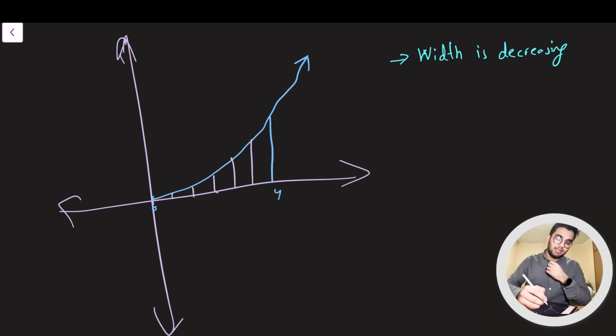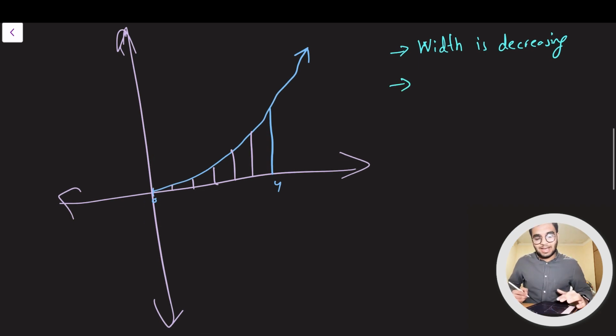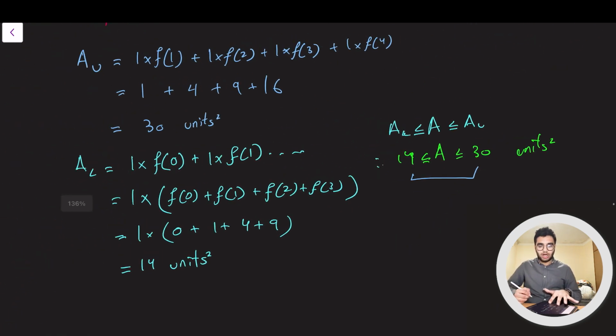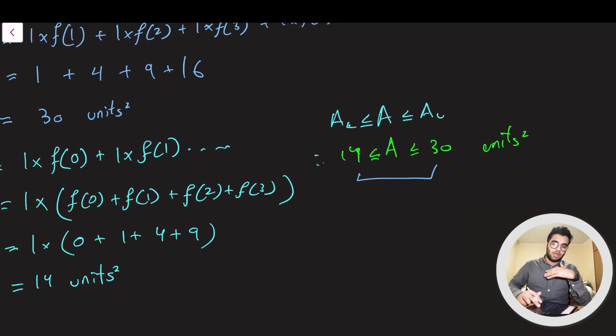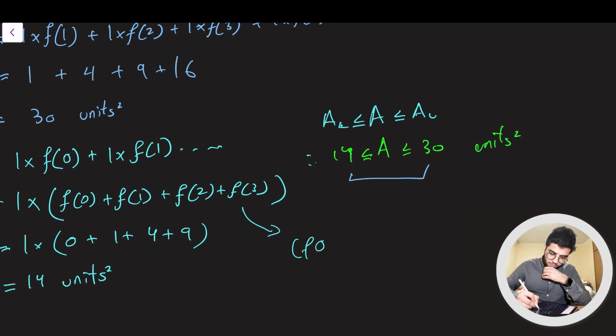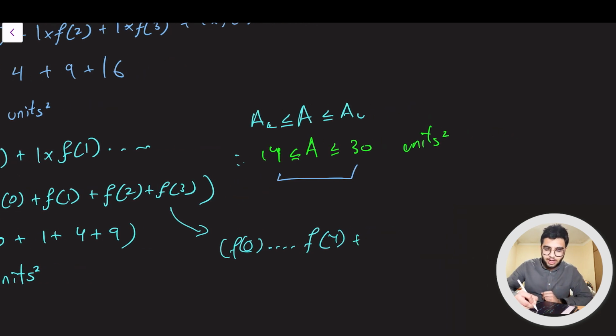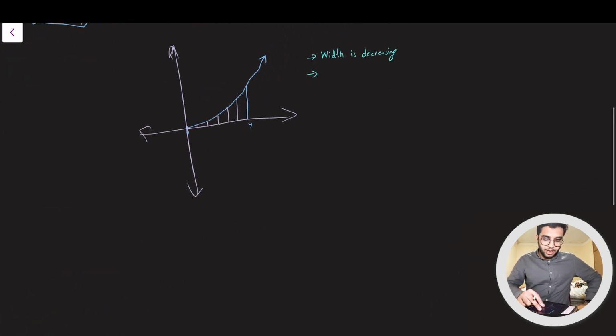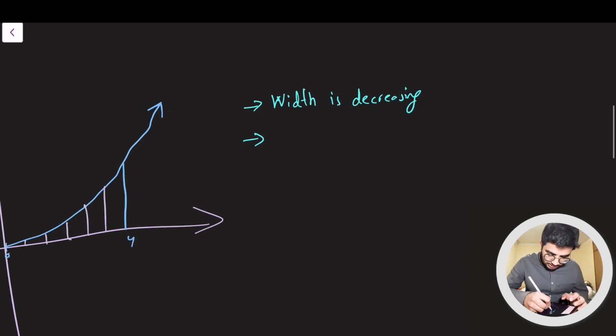The second thing is a bit more annoying: the process of finding our area gets a lot longer. So instead of this, you would have something like f of 0, blah, blah, f of 4, 5, and depending on how many rectangles it gets a lot more. So you have to compute a lot more, and it's a bit tiring. So the process gets longer.